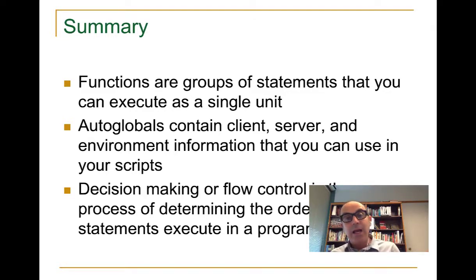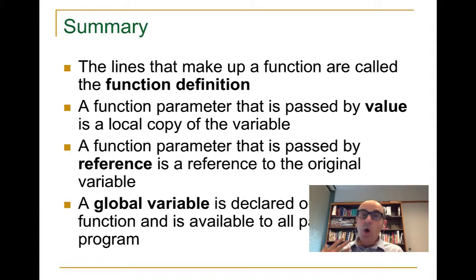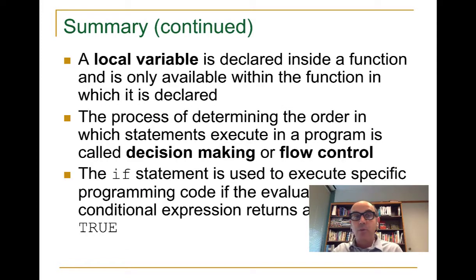Basically, you are creating a program, and PHP is your vehicle to create this program. We talked about function definition. We talked about how it passes the value as a local copy of the variable, but also as a reference to the original variable. And we also talked about global variables that are declared outside the function and how they are available to all parts of your program.